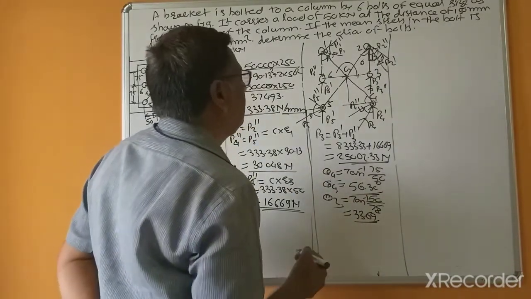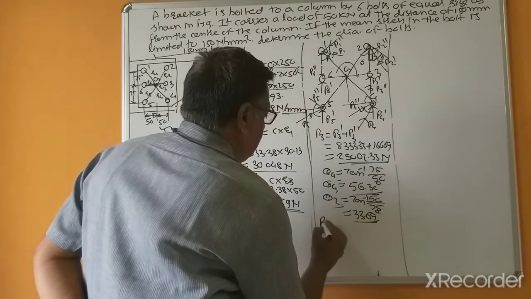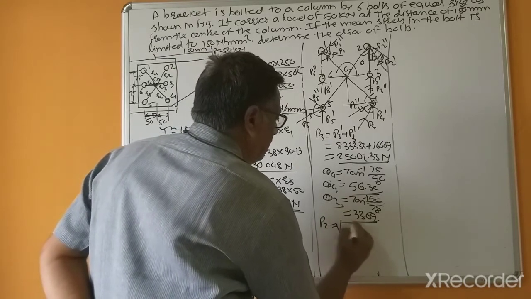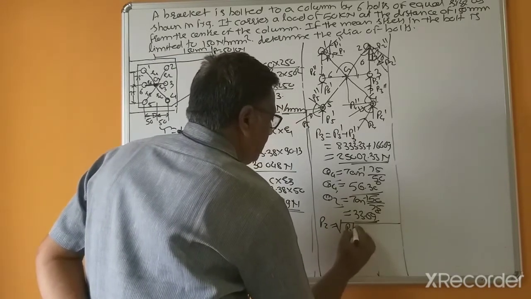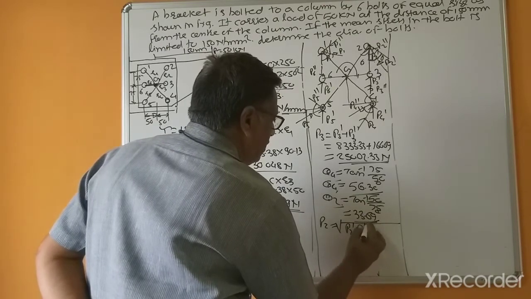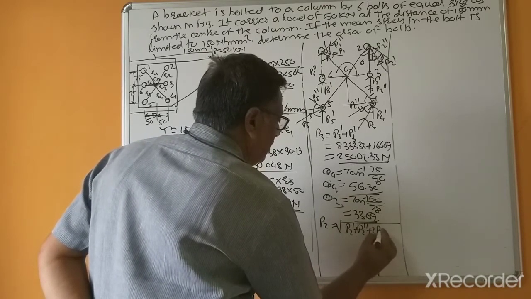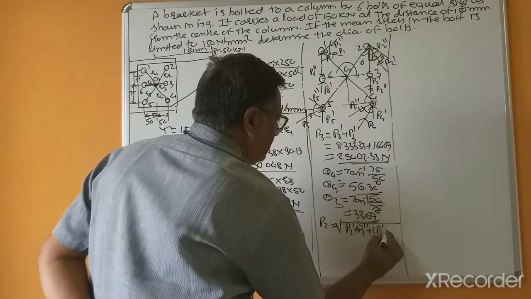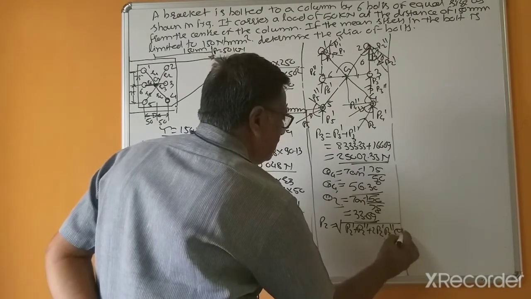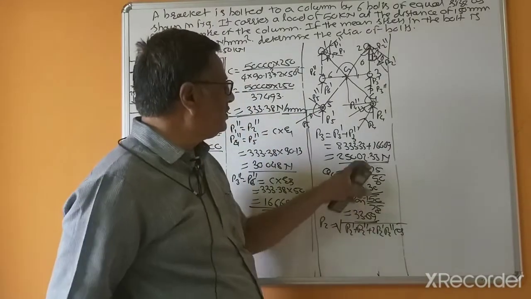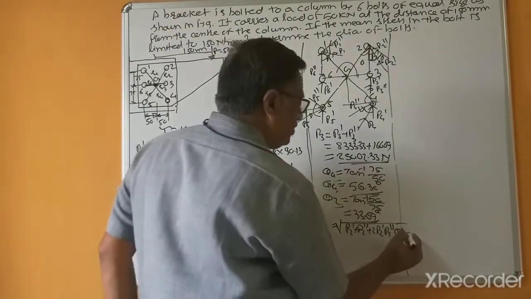So that's why P2 equal to under root of P2 single dash square plus P2 double dash square plus 2 P2 single dash P2 double dash cos theta.